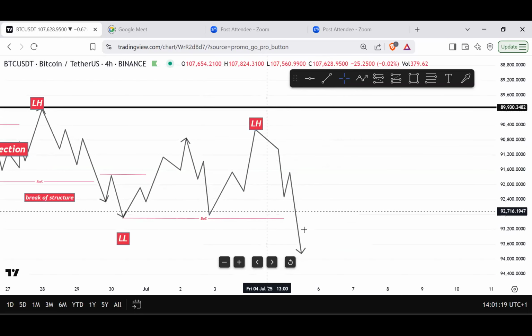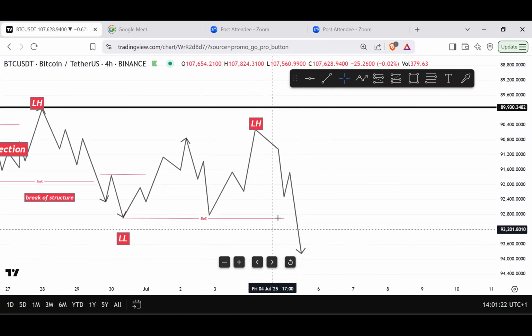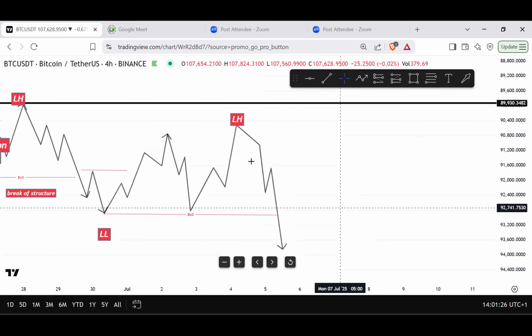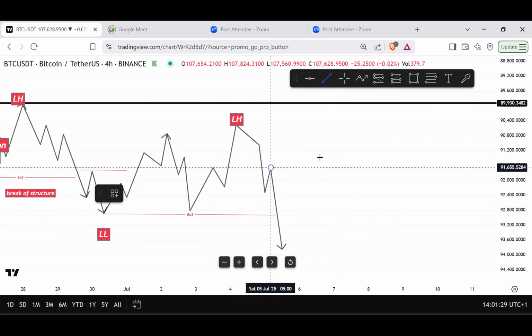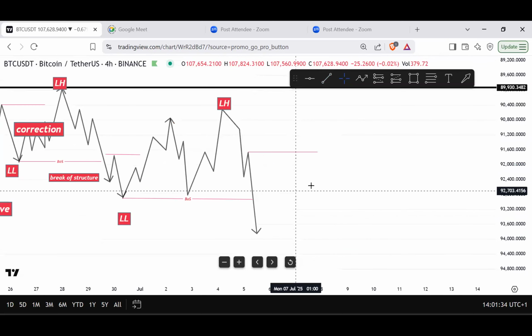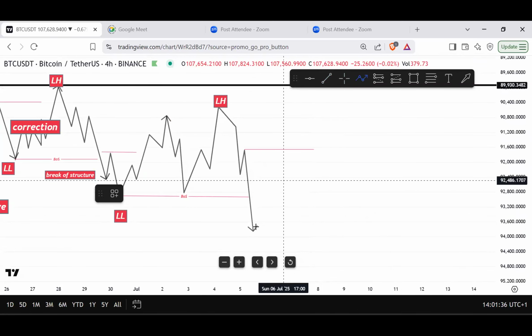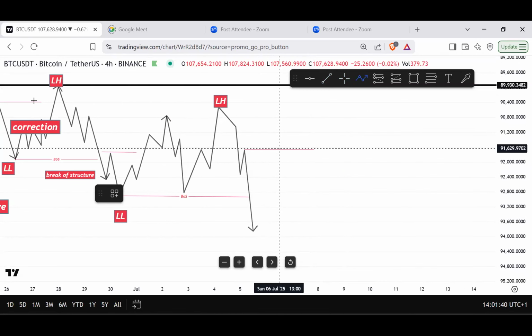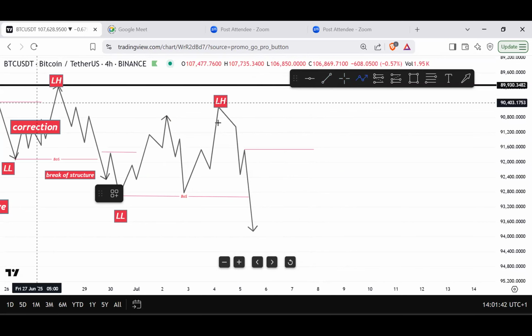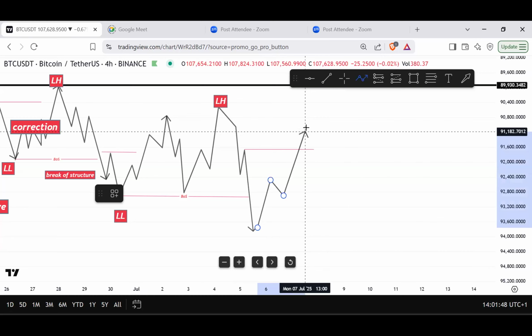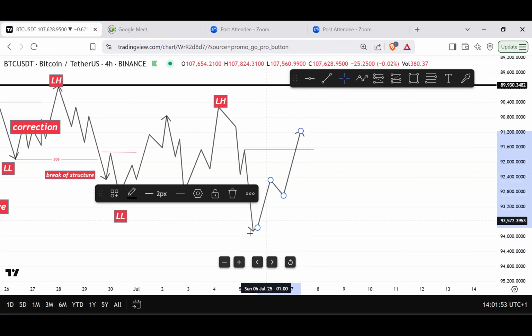Then when we have a break of structure, and now we have another inducement here, we cannot say that is an inducement yet, because we have to wait for it. Once it happens, we know that this is our lower low.